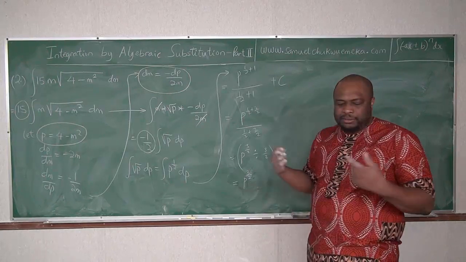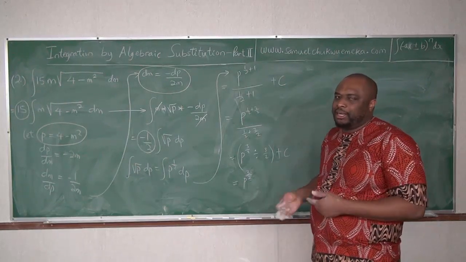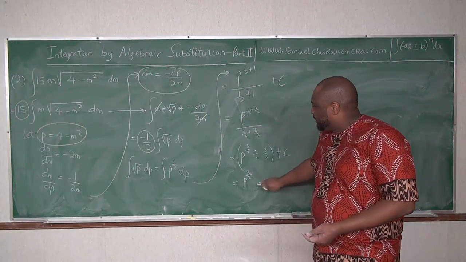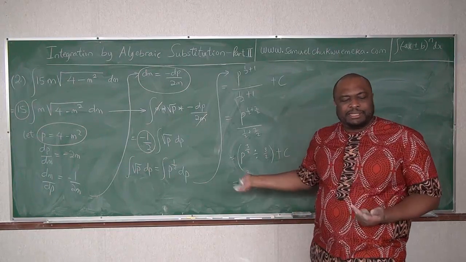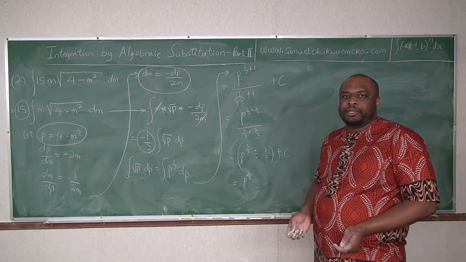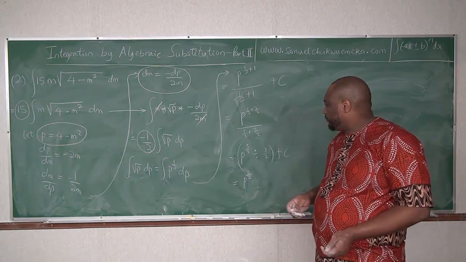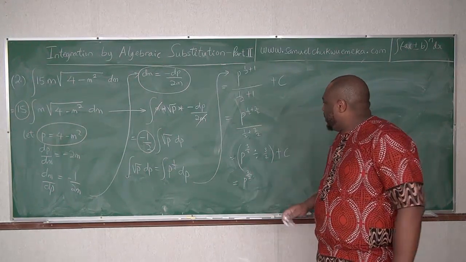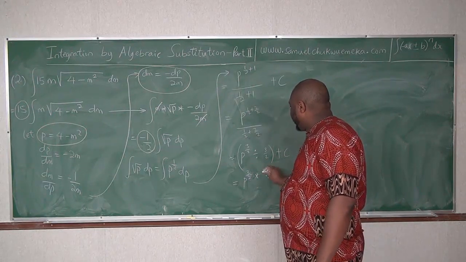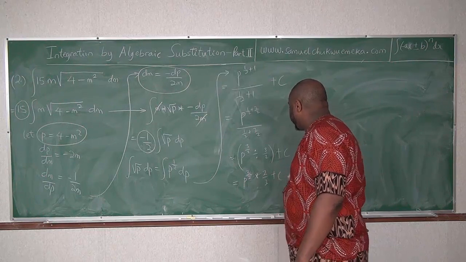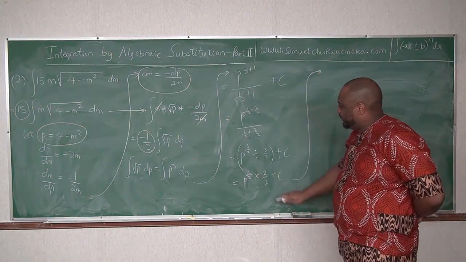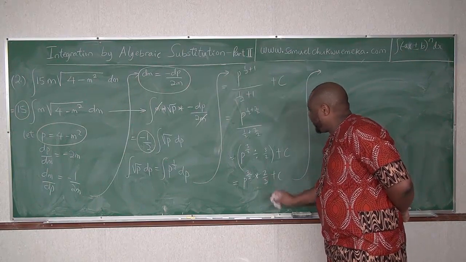If you're not timed, like I don't time my students during tests, then just don't mess up in the simplification of fractions, so you do not lose some points. So this is P to the 3 over 2 times 2 over 3, plus C. Alright, now let me get everybody.